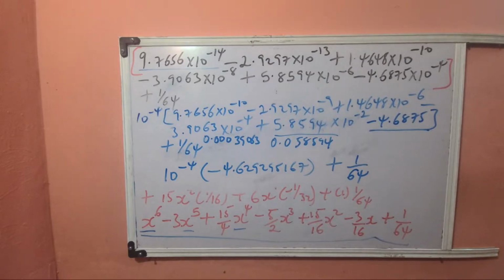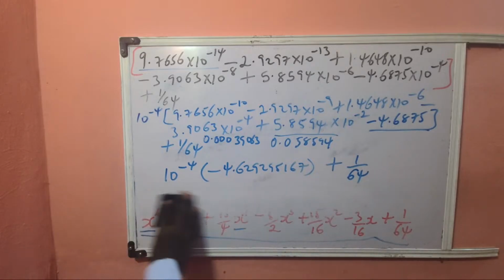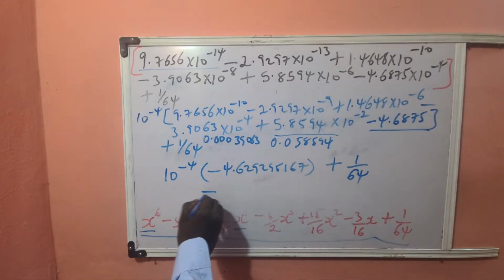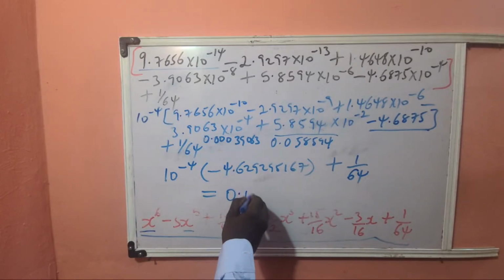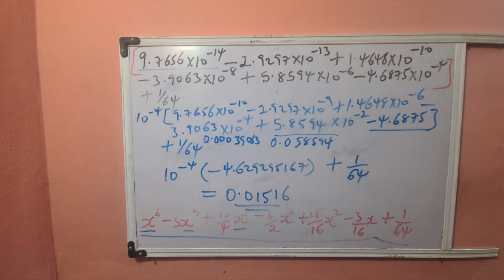Yes, of course, if you do this particular thing I wrote here in a calculator, this was the final step. Of course, I told you I've done some other things before this, and I don't want to show all those. So when you press all this into a calculator, I got the final answer to be 0.01516, which was what they told me to show that particular thing was equal to.